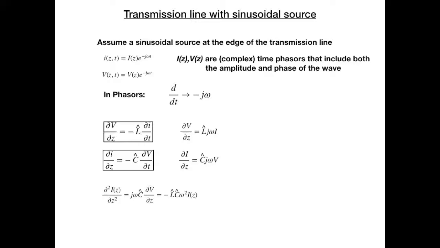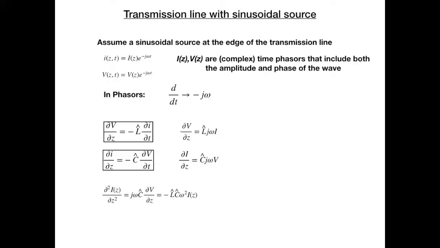Combining the two together and taking the second derivative of I with respect to z, we get that it is some constant times the current, and we arrive at the equation of a harmonic oscillator in z. If you've seen the harmonic oscillator, you know that this is the form of the equation: the second derivative of the function is some constant times the function.